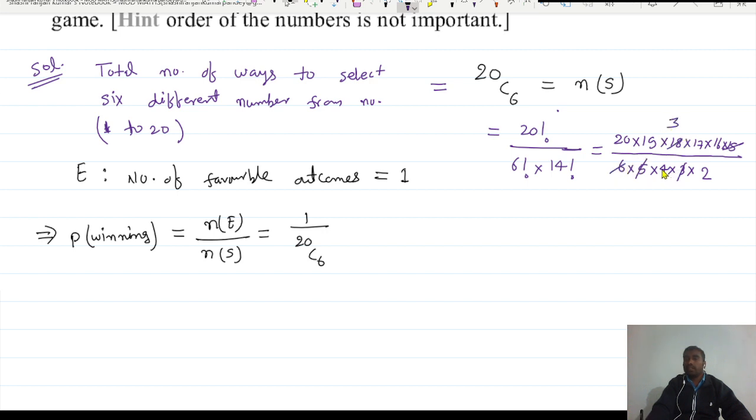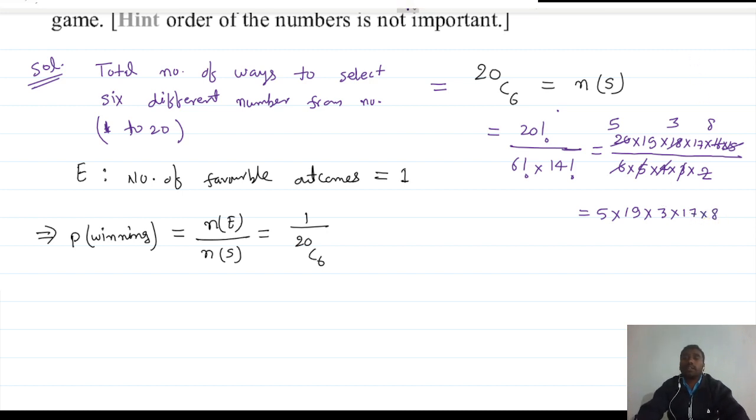And 5 fours are 20, or we can cancel this 8. So what is the situation here? That is 5 into 19 into 3 into 17 into 8.